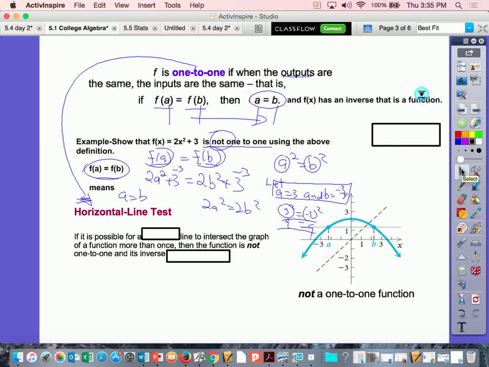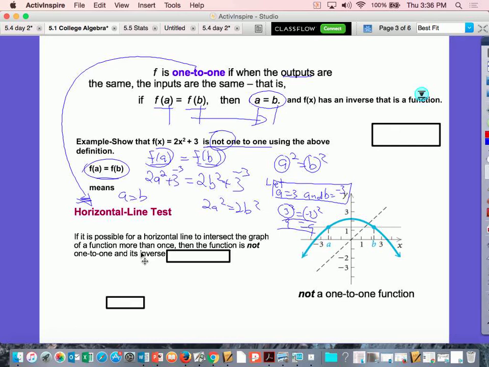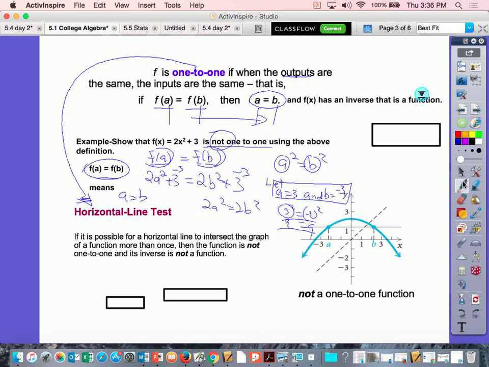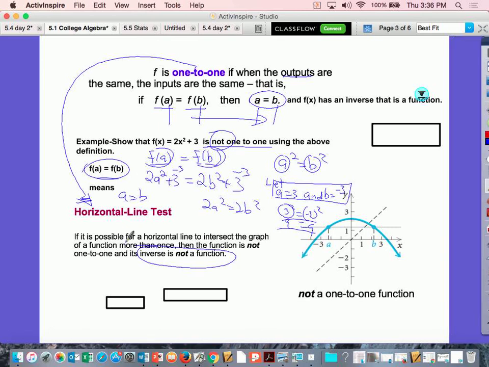If it is possible for a horizontal line to intersect the graph of a function more than once, then the function is not 1 to 1. Now, this test is used to determine if the inverse is a function. So notice it says here that if it is not 1 to 1, then the inverse is not a function.